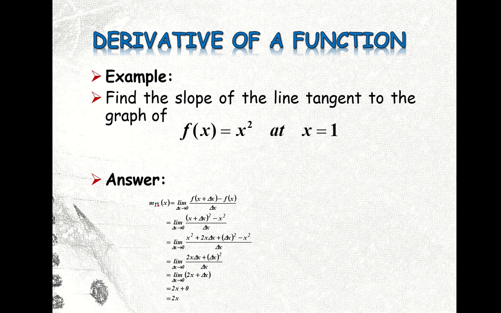So the slope of the tangent line at x is equal to the limit of f of (x plus delta x) minus f of x, divided by delta x.